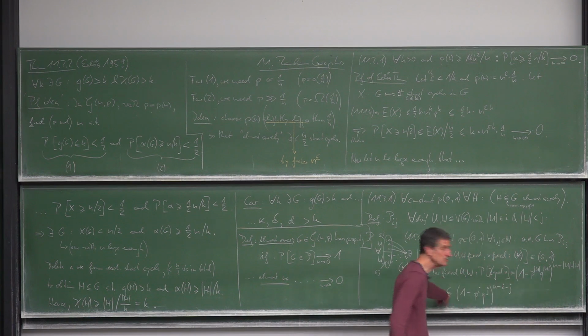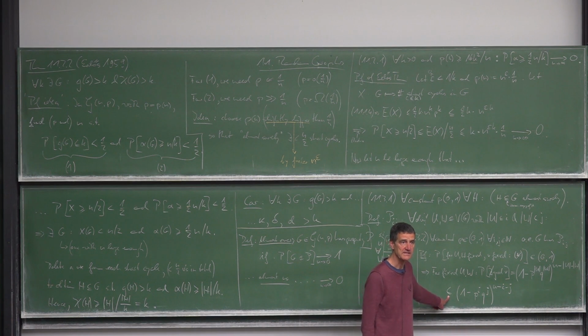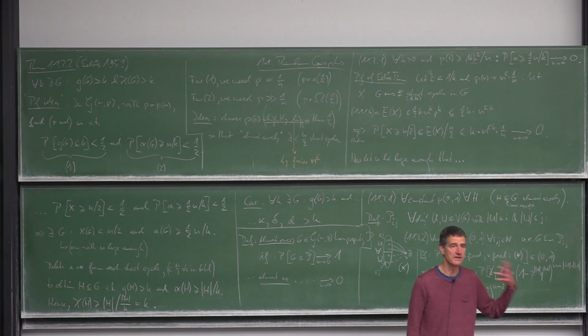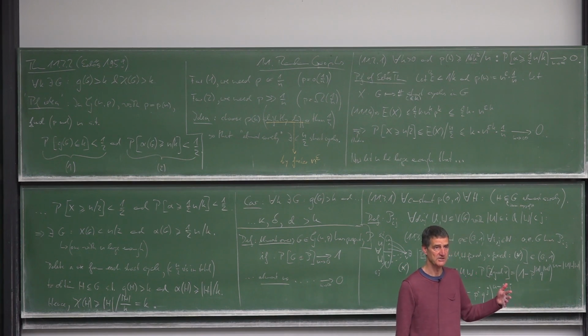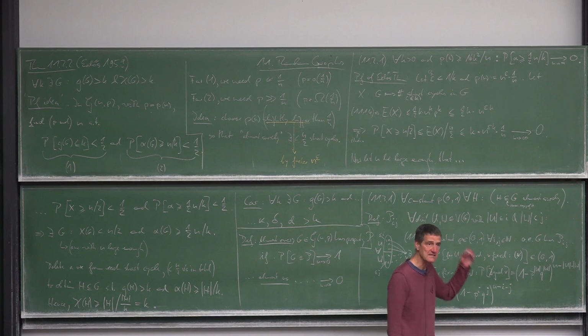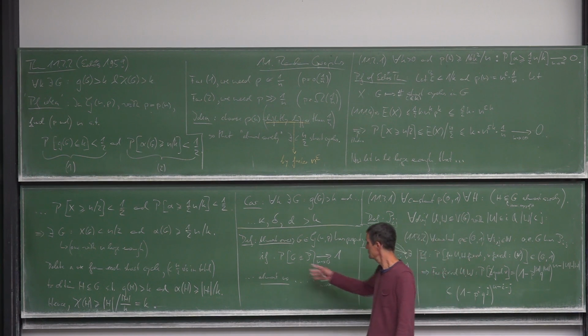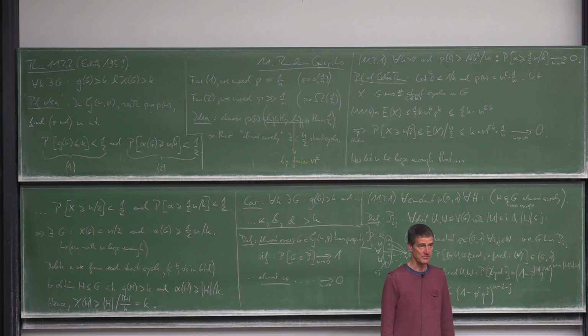The only reason we have inequality here rather than equality is that U and W can be smaller than i and j, right? And it's easier for a little v to be correctly adjacent to smaller sets U and W because there are fewer things to satisfy. Also, there are more G's to choose from, so we get this inequality here.